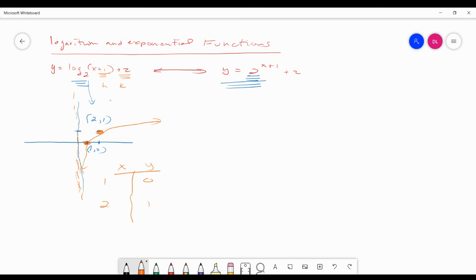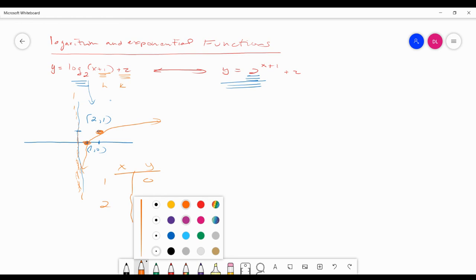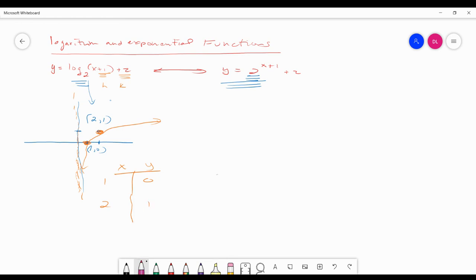Those are my original points. But like I said previously, we have an h and we have a k. So our h tells us to go left 1, and our k tells us to go up 2.